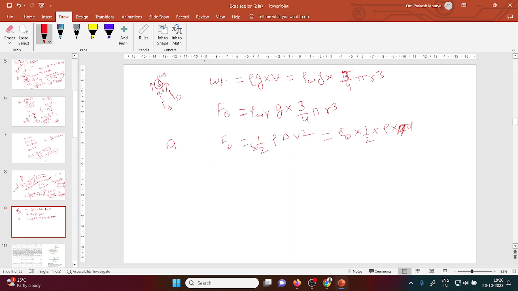But sir, area means we have to take the area, not the perimeter we are taking.